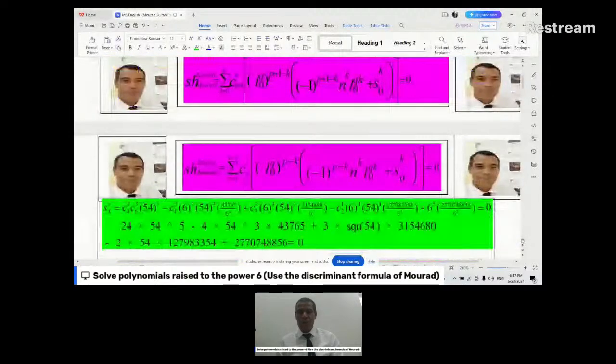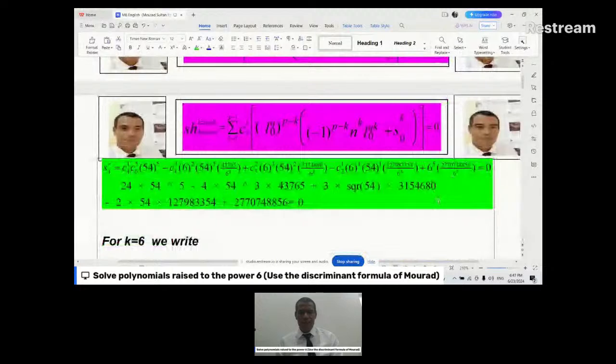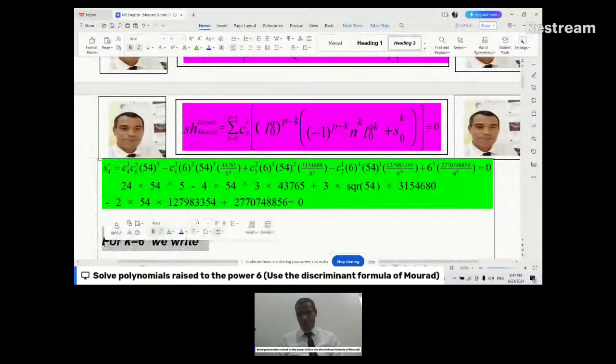This is the value of S4. Now I will find the value of S5, and we reach the conclusion, to conclude the roots of the original polynomial. I'll change the color.